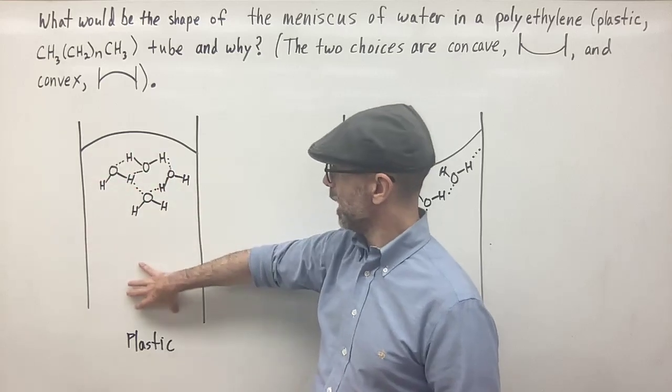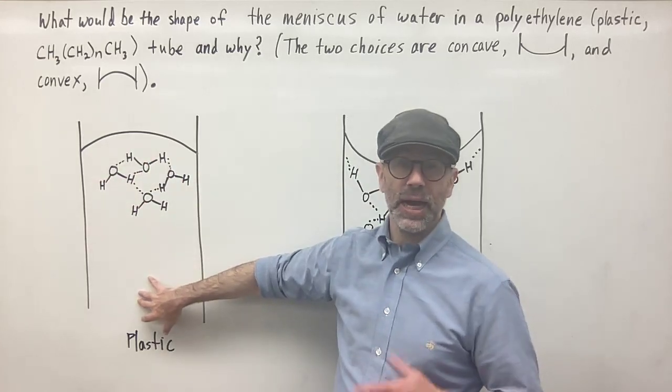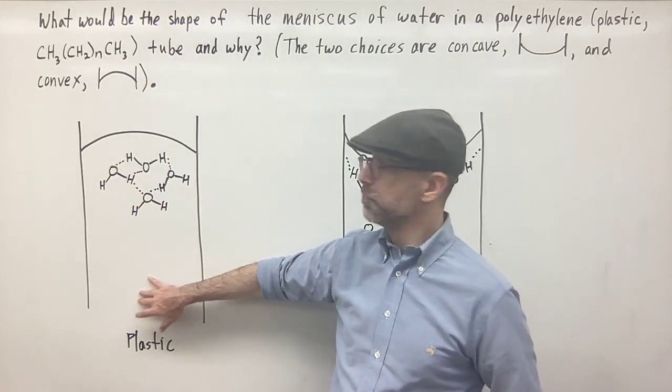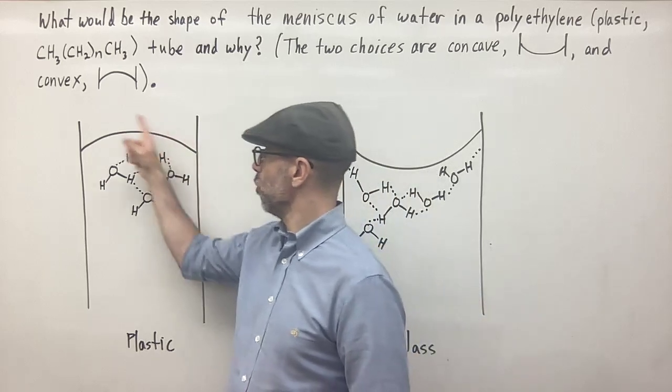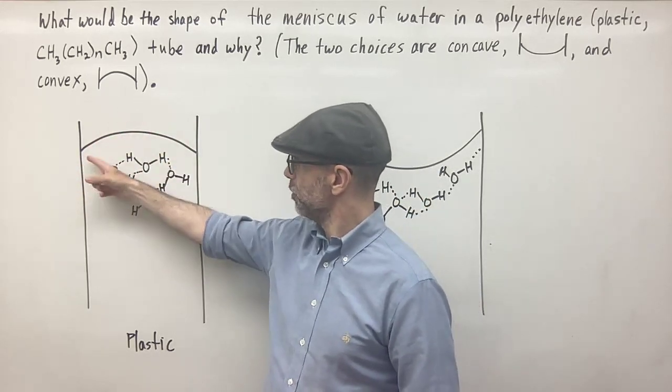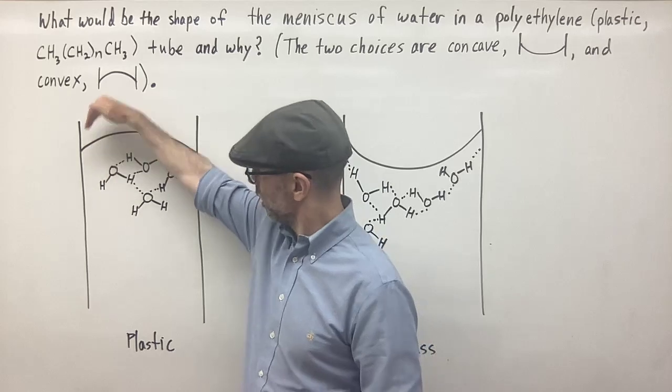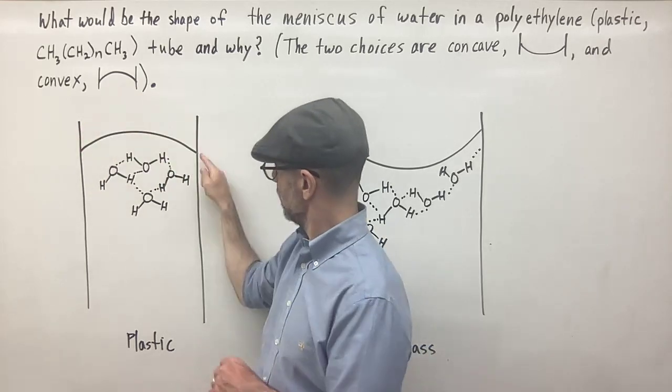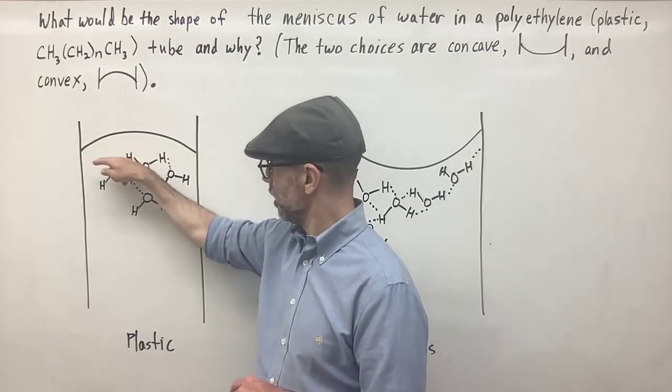when you have water in a plastic tube, this could be a capillary tube, for example. You'll see that this is going to be concave upwards, curving up or curving down, if you want to think of it this way. So it's curving down at the edges here.